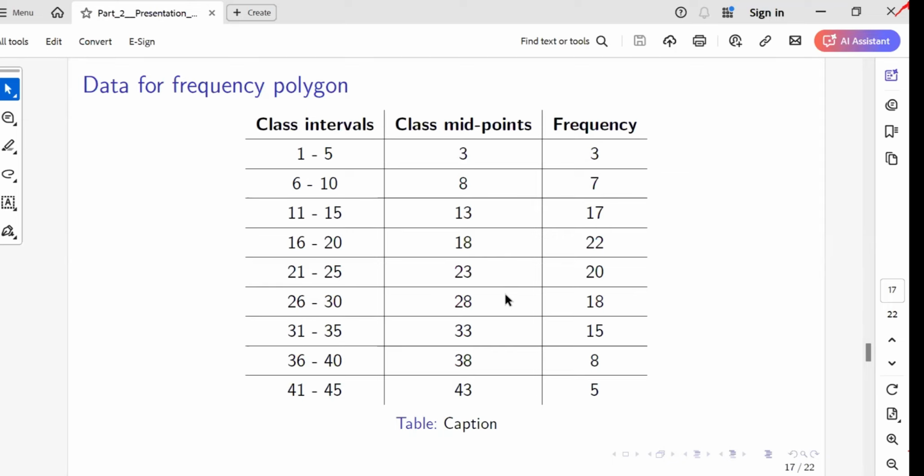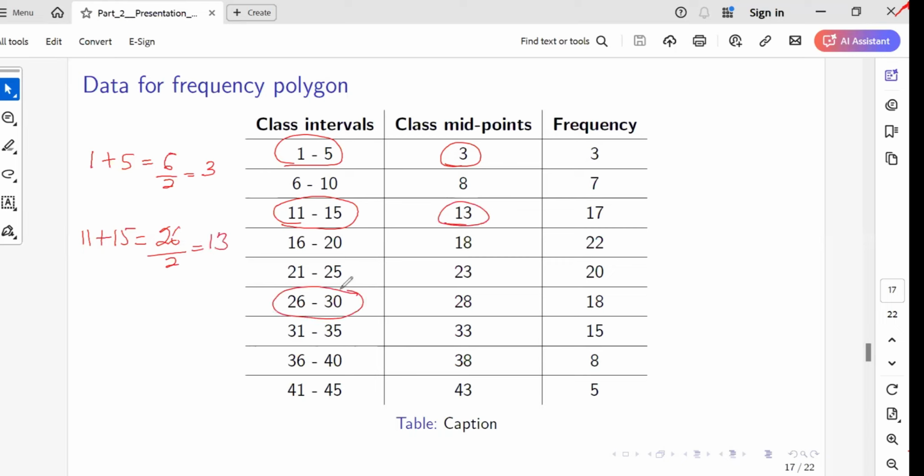So how do you find the class midpoint? You take a particular interval, let's say this one. Take the lower limit, add it to the upper limit, and you have 6. Divided by 2, you get 3. And that's what we have here. Let's take 11 to 15: 11 plus 15 is 26, divided by 2 is 13.